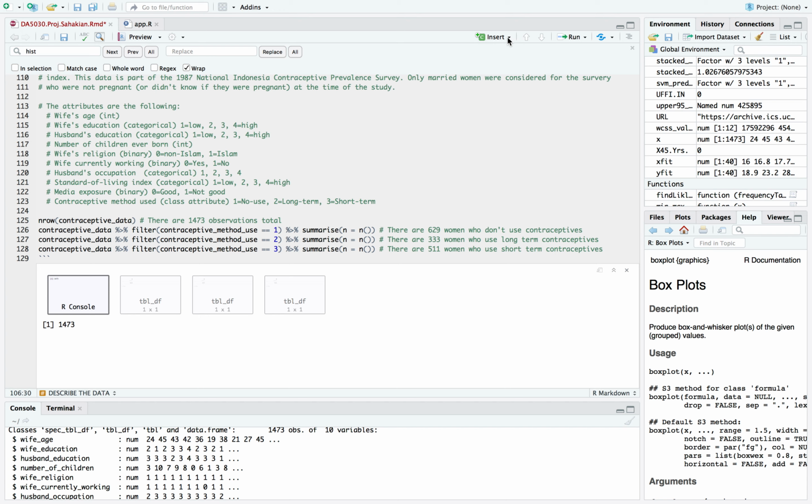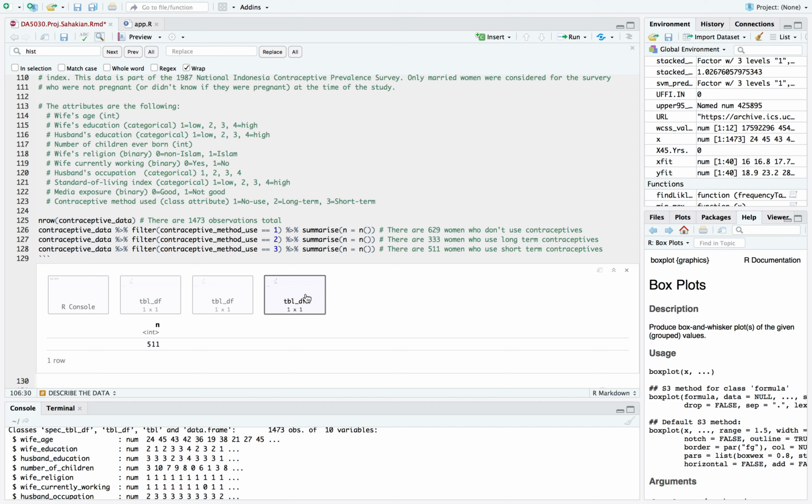For example, in this dataset, there were 1,473 women interviewed. Of those, there are 629 who have chosen to forego a contraception choice altogether, 333 that use a short-term choice, and 511 that choose a long-term choice.